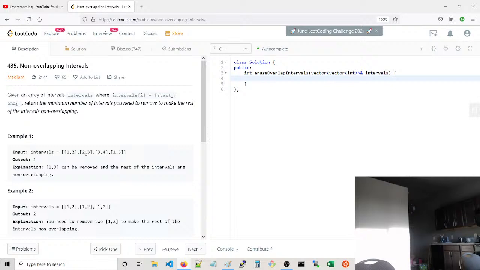I think what should be done is you're going to remove one element from the set at a time, and what you're going to do is you're going to check how many intervals overlap, and if there's more than one, then you're ultimately going to remove one element at a time, so it's going to be an n log n algorithm overall.